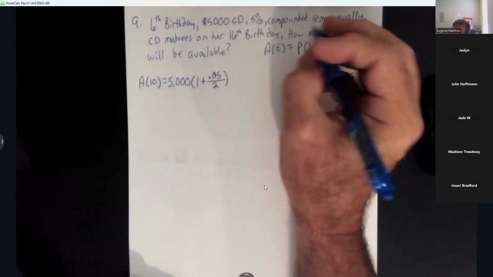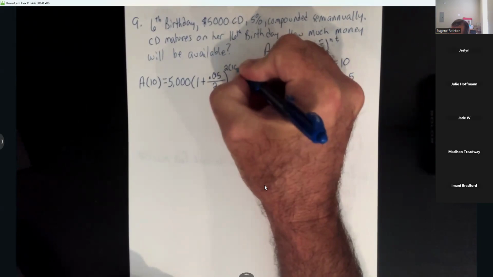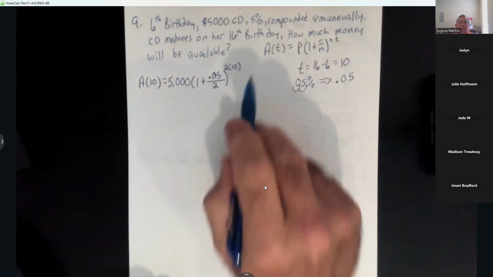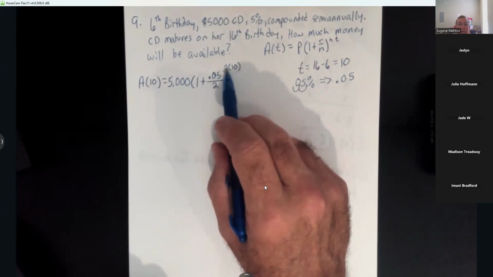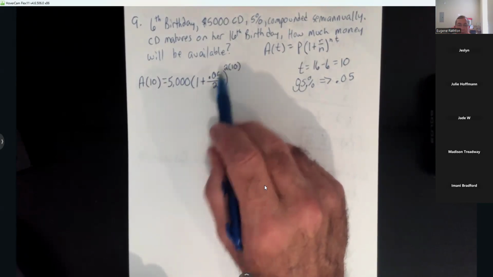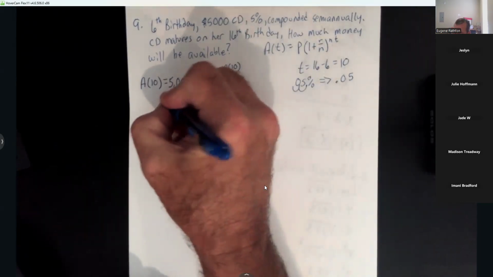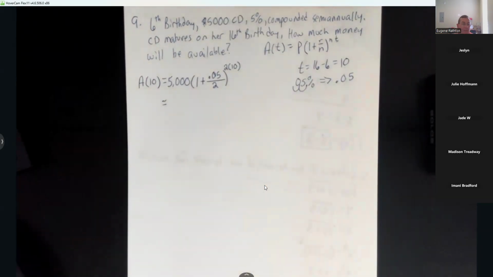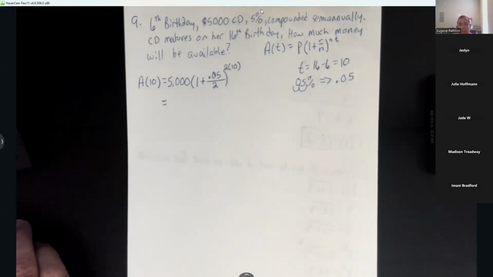And then the exponent will be NT, which will be 2 times 10 for the 10 years, okay? So the bottom of the fraction and then the first number of the exponent are 2, and then that's T, which is time. Now, we're rounding it to the nearest cents. So we're looking at 2 decimal places on this, okay?